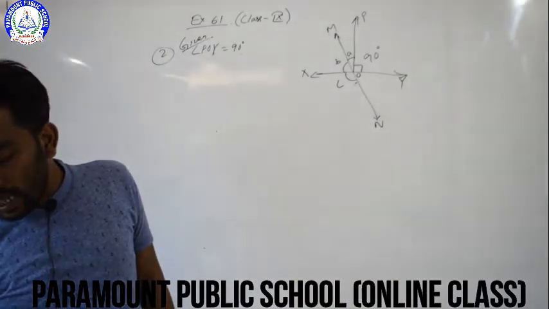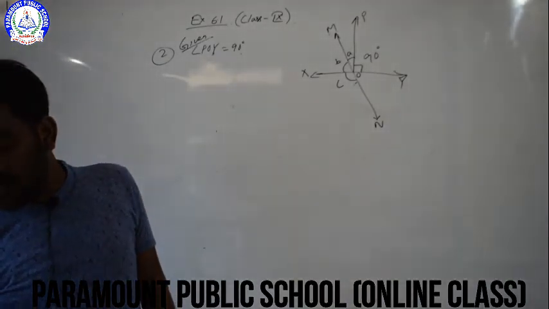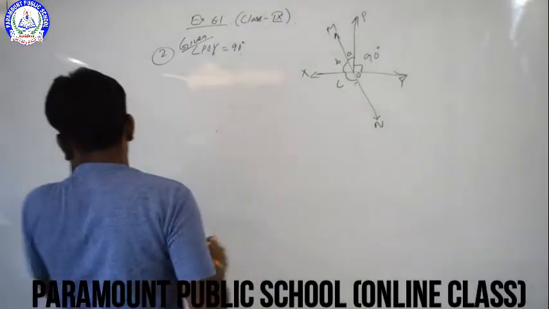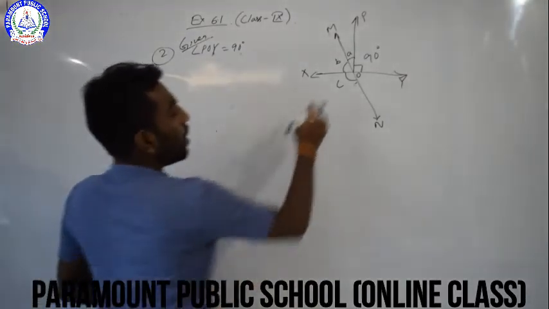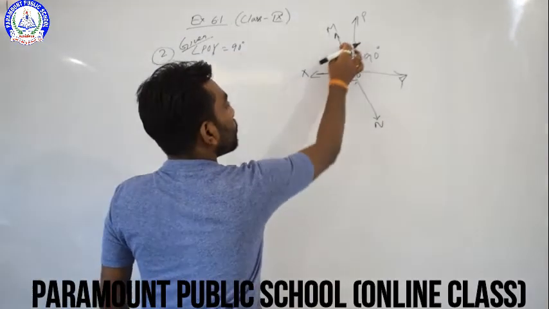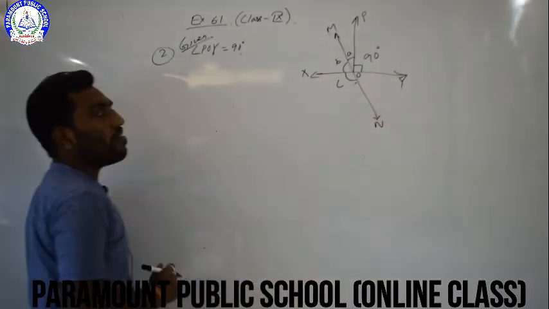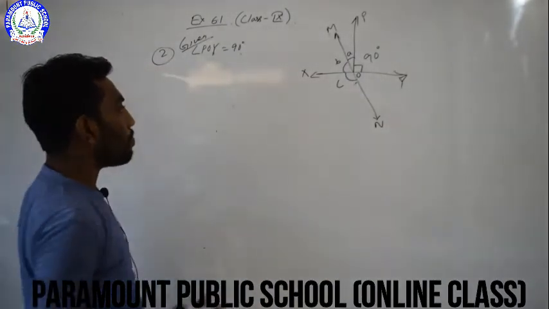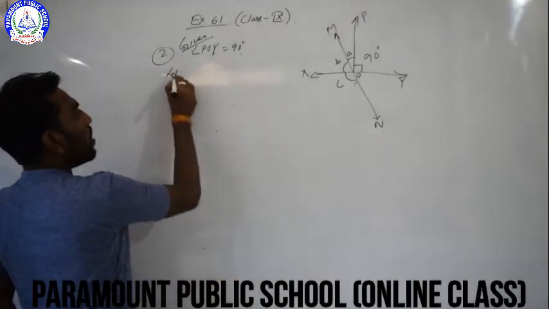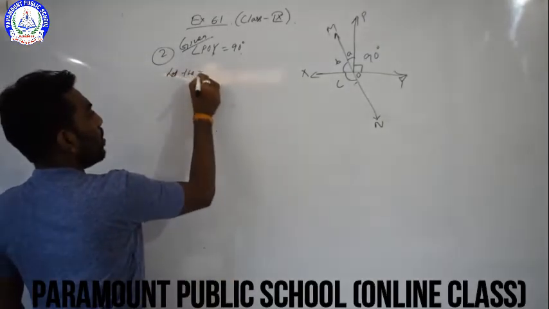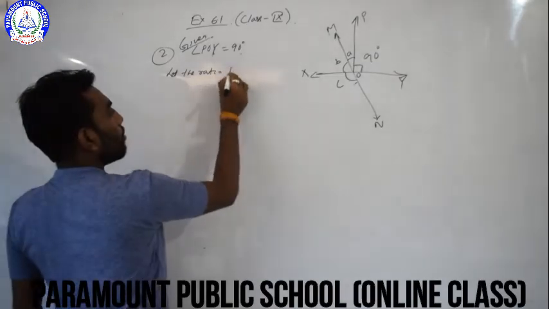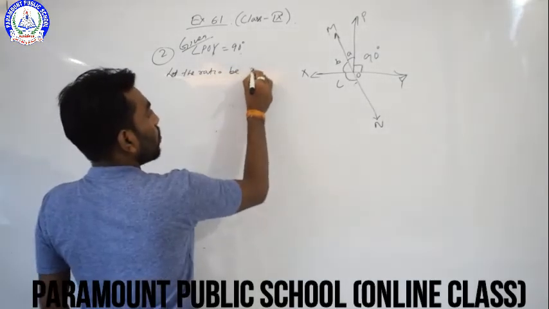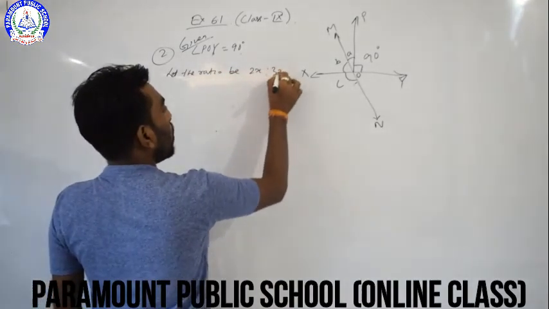And A is to B equal to 2 is to 3. They have given the ratio that A is to B is nothing but 2 is to 3. So let us consider the ratio. Let the ratio be 2x is to 3x.